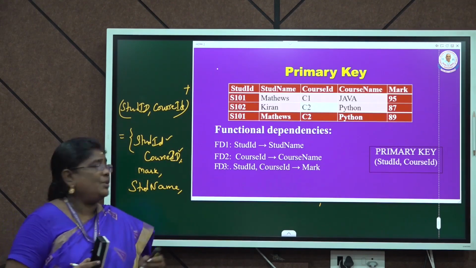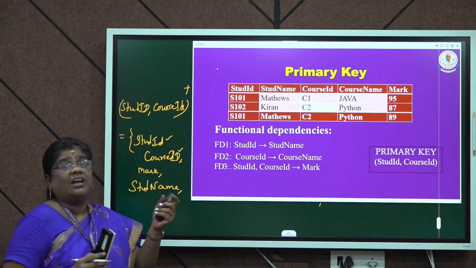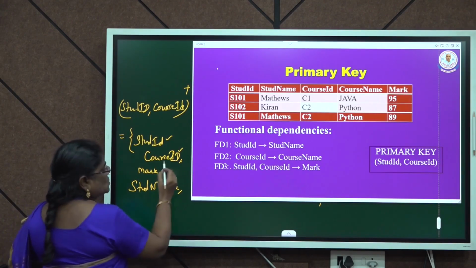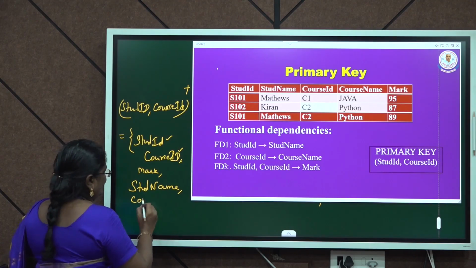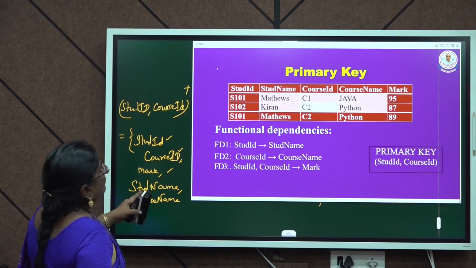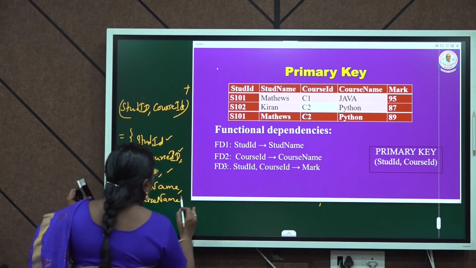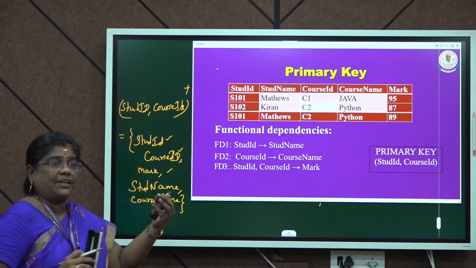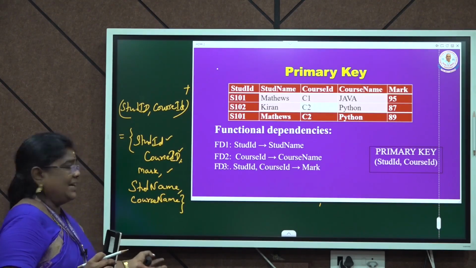In FD2, we have course ID as alpha and course name as beta. I am going to include course name since course ID is available here. So course name is also included. We have 5 attributes, and hence I can close this set since all the 5 attributes are included already.